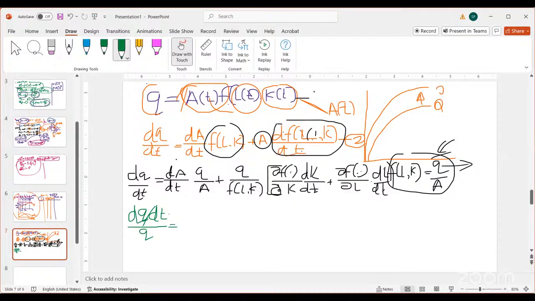So for the other side, you can repeat it yourself. Here the first part, when you divide by Q, this is cut off, then you have leftover dA over dt divided by A, plus.